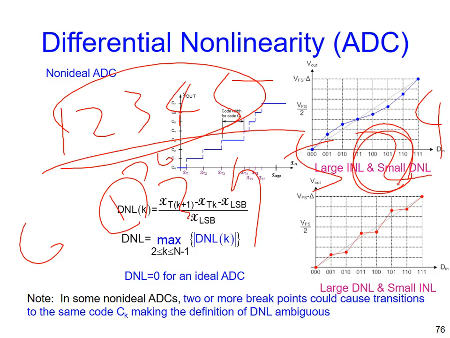Who knows? It is randomized. Okay? Got it? So if you would like to enhance the linearity of your ADC or DAC, one of the major techniques is to randomize your layout.